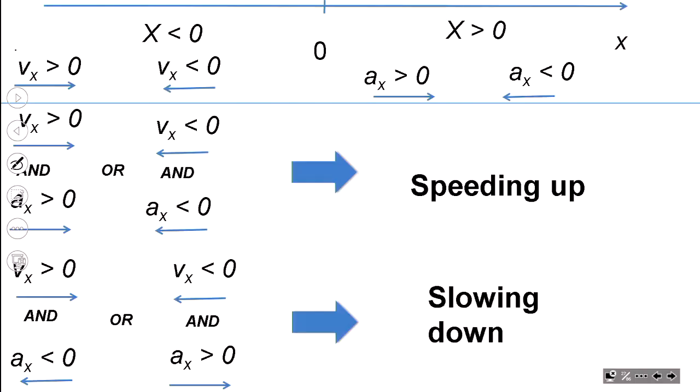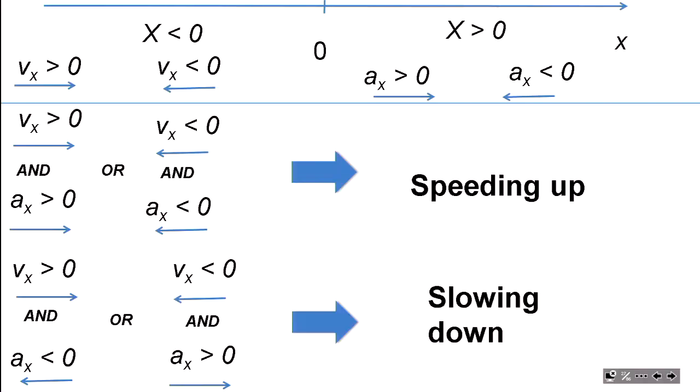So, of course, we have only a finite number of combinations. This slide shows all possible combinations. Velocity may be positive or negative, acceleration may be positive or negative. So, positive velocity, positive acceleration, positive velocity, negative acceleration, negative velocity, positive acceleration, negative velocity, negative acceleration. That's it, done. All possible options.